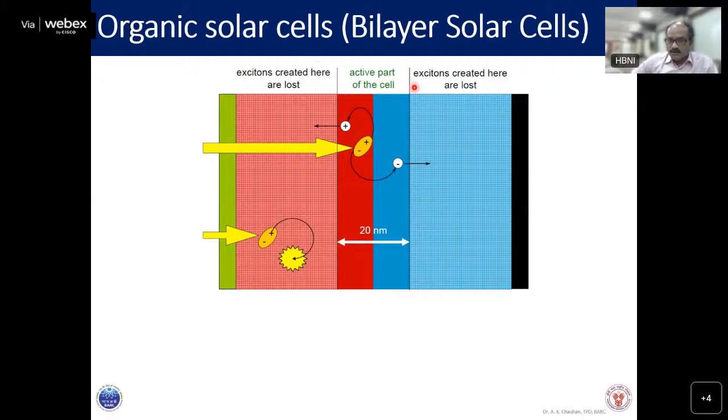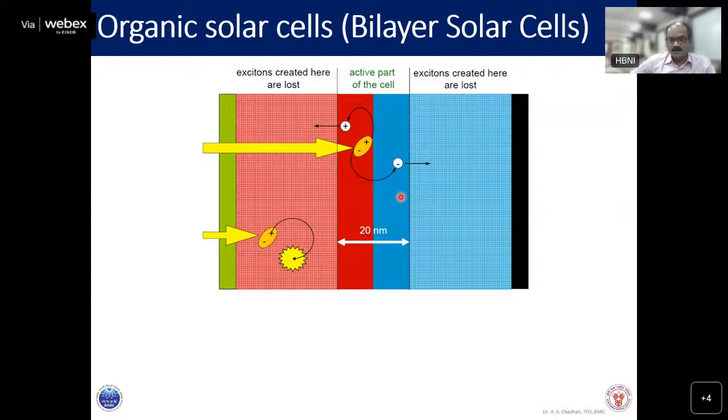Only in a very small part, where the electron and hole pair are separated by only this distance, can they reach the boundary and get dissociated to form an electron and hole pair, and then move here and here. So this distance is called the diffusion length.